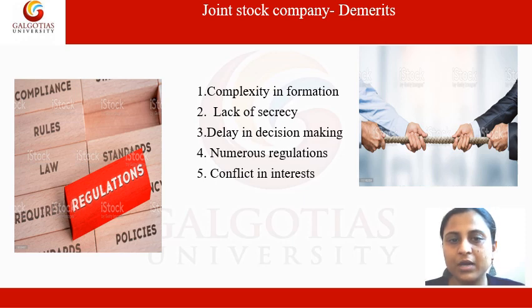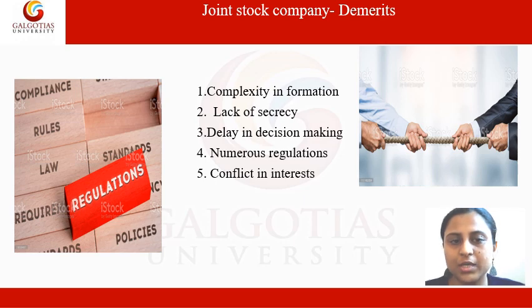So it is very difficult to maintain complete secrecy about the operations of a company. And also from time to time information is also provided to SEBI, registrar and other regulatory bodies. This reduces the freedom of operations of a company and takes away a lot of time, effort and money.